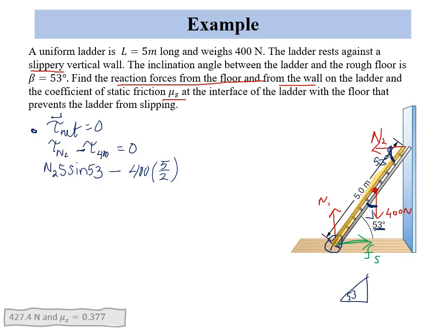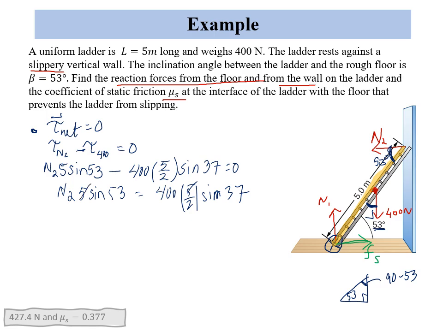This angle is 53, and this is a right triangle, so this angle here is going to be 90 minus 53. So it's just sine of 37. That is equal to 0, and we can solve for N2. N2 times 5 times sine of 53 is equal to 400 times 5/2 times sine of 37.